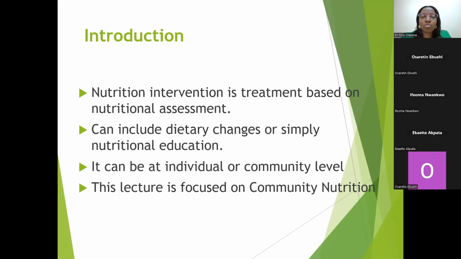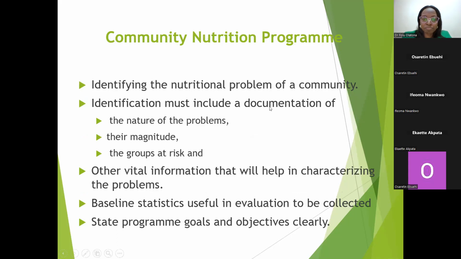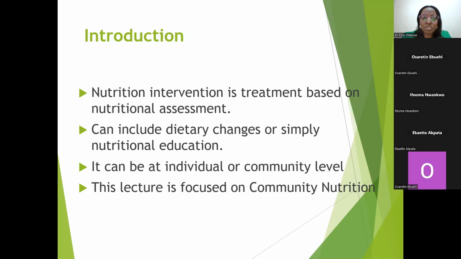That's why I want us to look at nutrition intervention. And anytime there is a need for nutritional intervention, then there must have been an assessment. So that's the first thing to understand about community nutrition, that it cannot take place without an assessment.